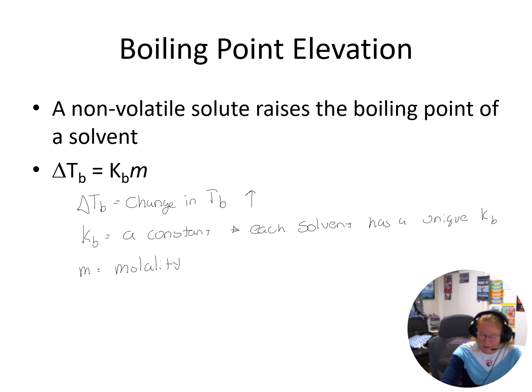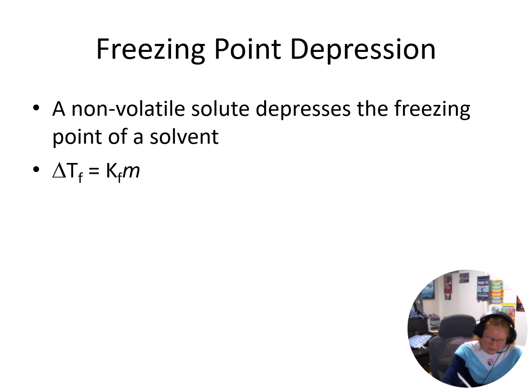We get something similar for freezing point depression, and so my delta T is the change in freezing point, and it goes down. And then K sub F is a constant.